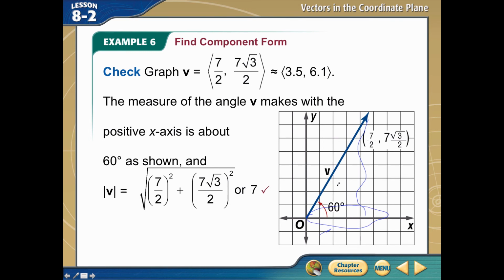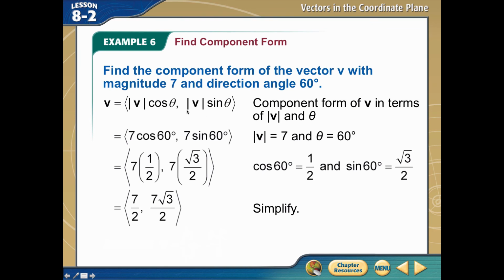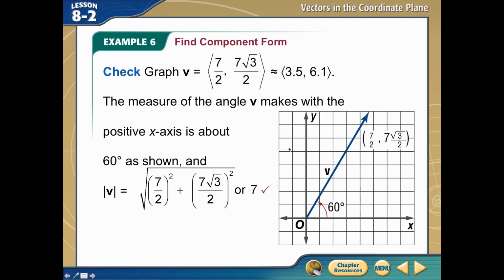So sine of 60 degrees is opposite over hypotenuse. And cosine of 60 degrees is adjacent over hypotenuse. And that's where those equations come from. So if we go back to the equation that you need to use, magnitude cosine is x, magnitude sine is y, and you get that from drawing a triangle with the vector here.